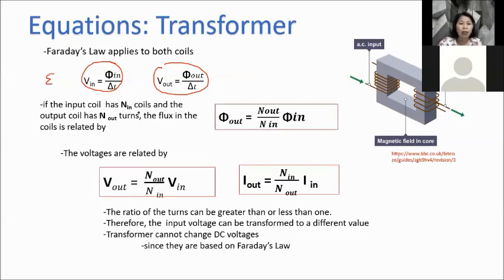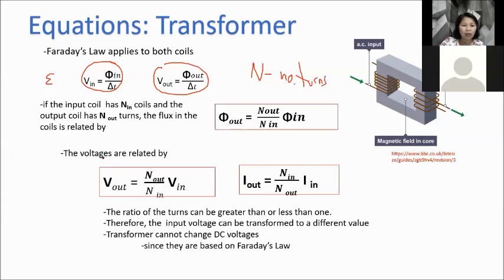So when we consider the N, kung ma-recall pa niyo, N is the number of turns ng coil. Now, how many turns? So flux out is equal to N out over N in times flux in, where N is the number of turns. Recall.